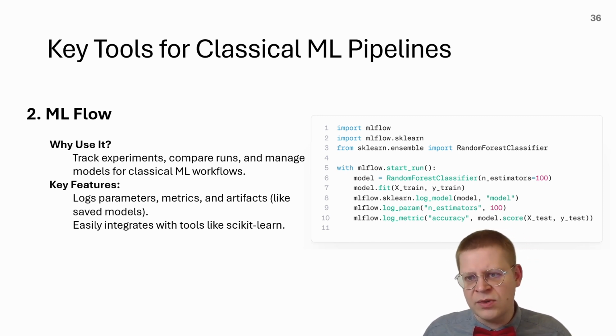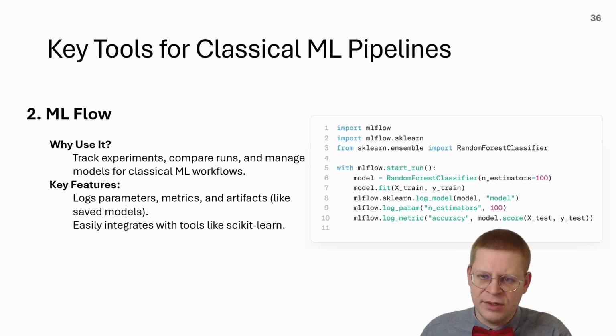In the example code on the right, we open an MLflow run with mlflow.start_run, train a random forest classifier, then call MLflow APIs to record our model, parameters, and final accuracy. Everything, like the number of estimators and the trained model file, gets tracked in MLflow dashboards.